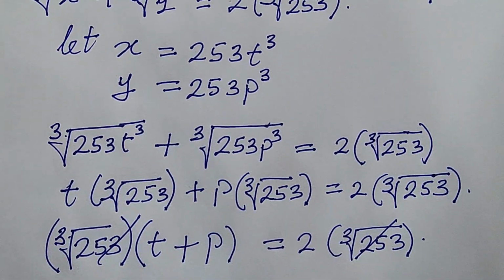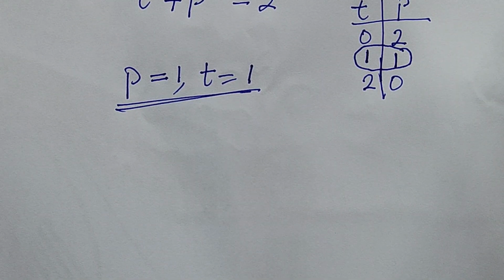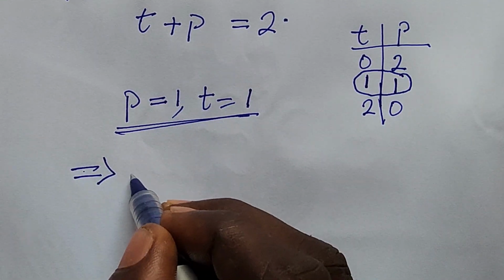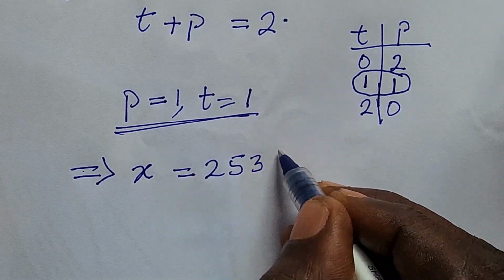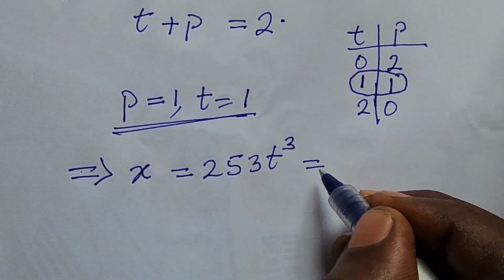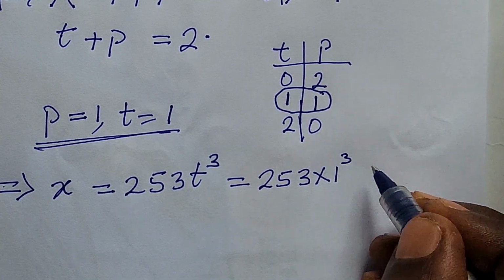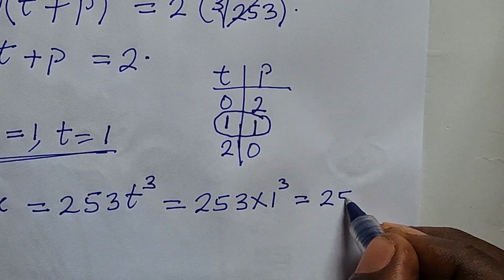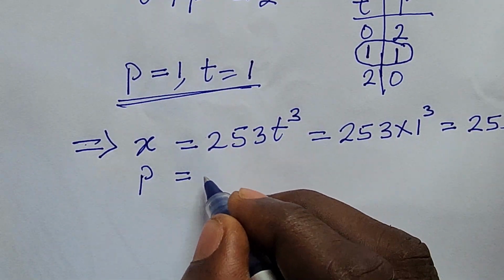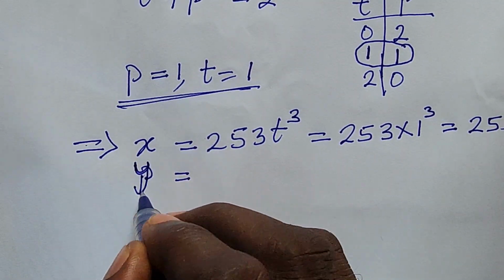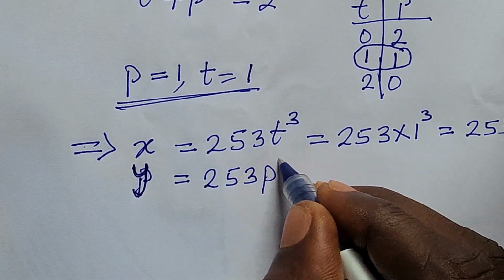So from here, we recall what we said: let x be equal to this and y be equal to this. So let's substitute and see what this gives us. So this now implies that our x equal to 253 t to the power of 3 will now be equal to 253 times 1 to the power of 3, which automatically will give us 253. That's our x. Same thing, we said our y is equal to 253 p to the power of 3.